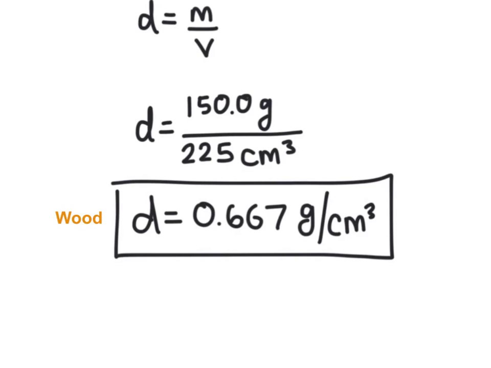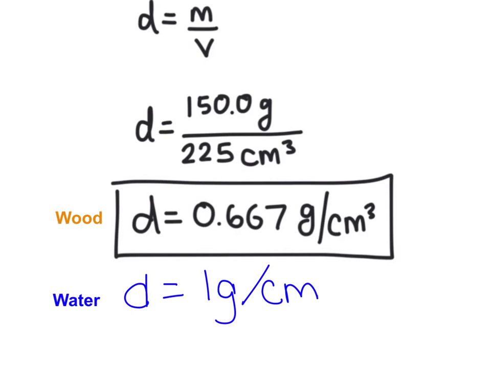So if the density of the wood is 667 thousandths gram per cubic centimeter, let's compare that to water. I know that the density of water is equal to 1 gram per cubic centimeter. When I compare the wood, with its density of 667 thousandths of a gram per cubic centimeter, and the density of water, 1 gram per cubic centimeter, I just need to compare the grams because the volume is the same.